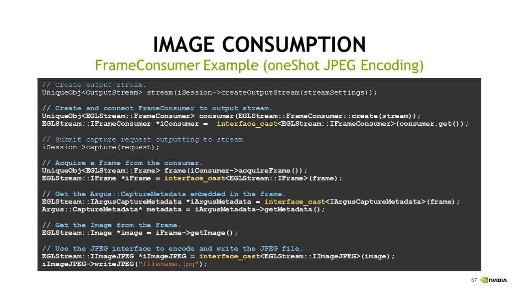Once the frame is acquired, the metadata interface can be used on the frame to retrieve the Argus metadata embedded in the frame. Finally, the image is retrieved from the frame, and the image JPEG interface is used to encode and write the image to disk as a JPEG file. Including these additions, we have now walked through the entire one-shot sample and completed our first complete Argus application.